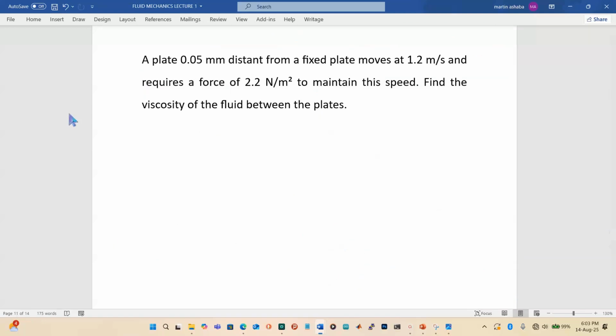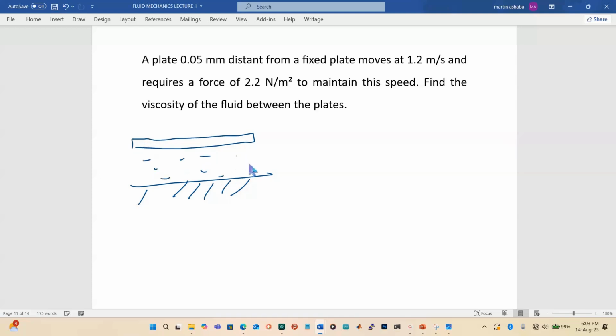The next problem says that a plate 0.05 millimeter distant from a fixed plate moves at 1.2 meters per second and requires a force of 2.2 newtons per square meter to maintain this speed. Find the viscosity of the fluid between the plates. Again, we have our fixed plate and a moving plate, and in between them we have a fluid. This is moving at 1.2 meters per second.